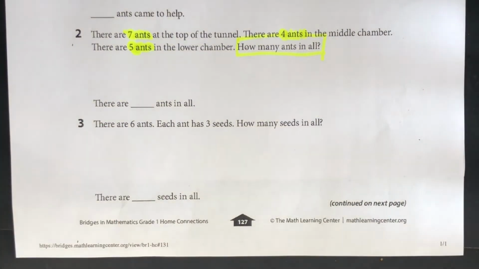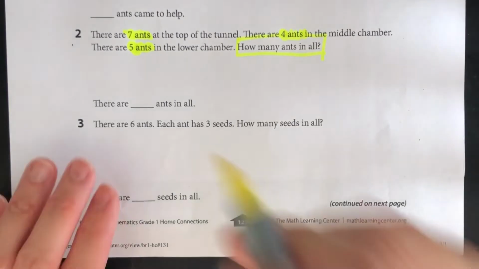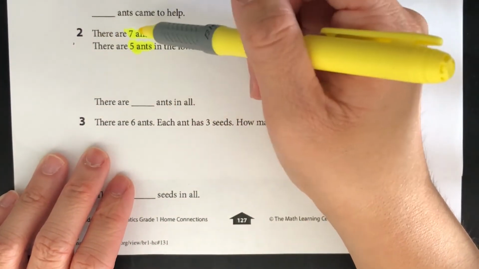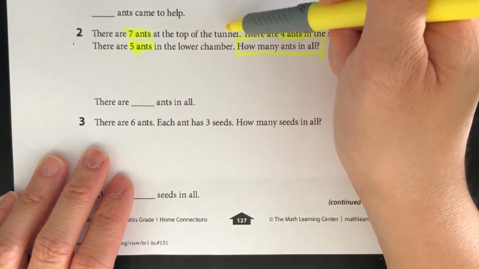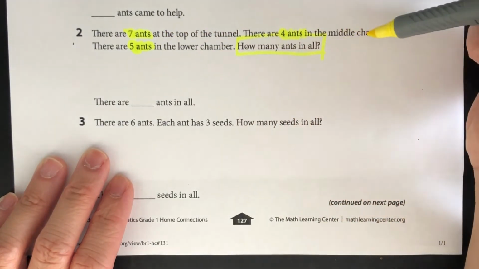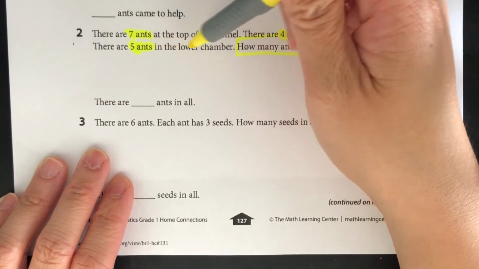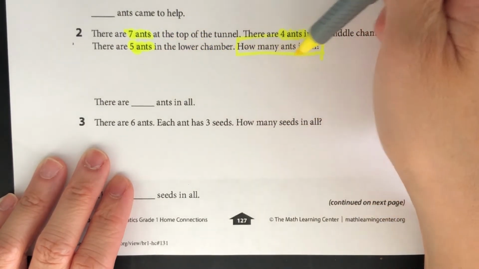Now, I'm going to do this one more time, and we're going to pay attention to our special words, which are more, fewer, all, or less. There are 7 ants at the top of the tunnel. There are 4 ants in the middle chamber. There are 5 ants in the lower chamber. How many ants in all?